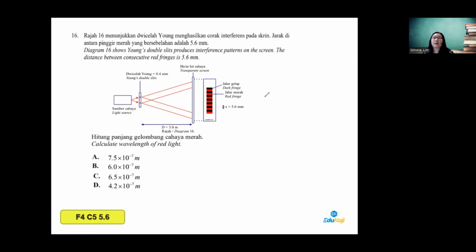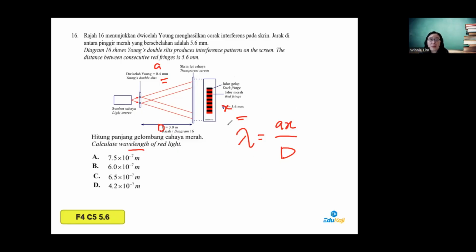So of course, the formula involved under interference of wave is lambda equals ax over D. They want you to calculate wavelength. So a is the distance between the slits, this a. Then x is the distance between two consecutive bright fringes or dark fringes. So x is here.